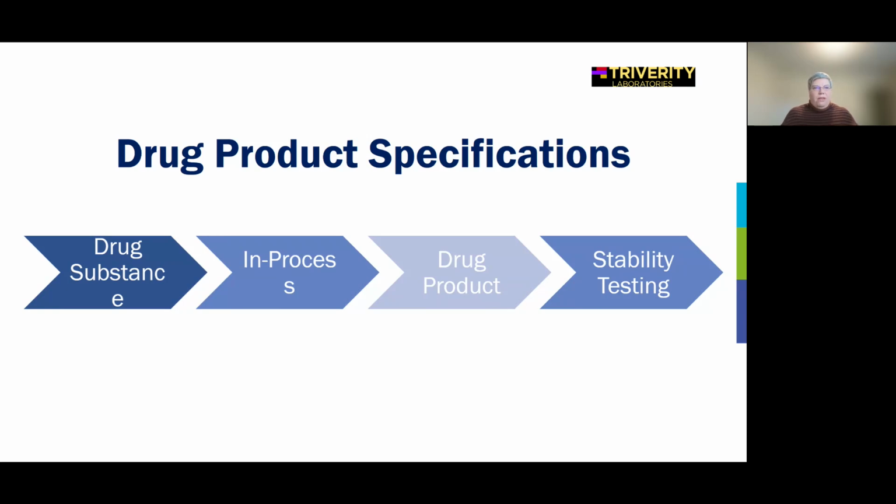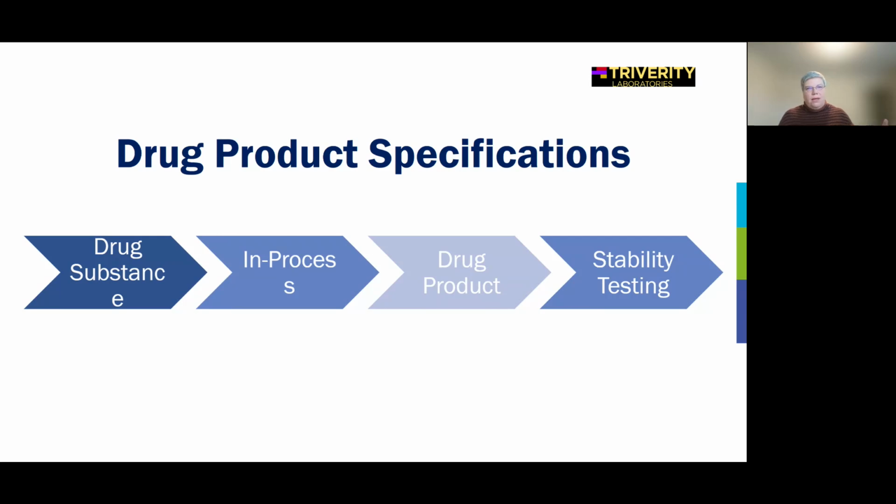But what could happen is if you release at the bottom end of that specification, with method variability or things like that, you could fall outside of that specification at your release. And same with stability. Sometimes we see a decrease in the drug substance on stability, and if you're at the bottom end of that specification, then you could easily fall out.